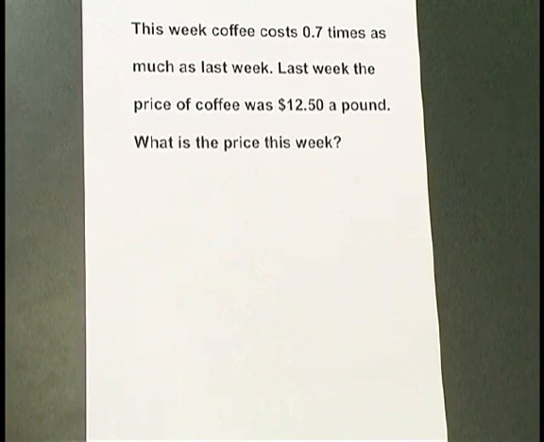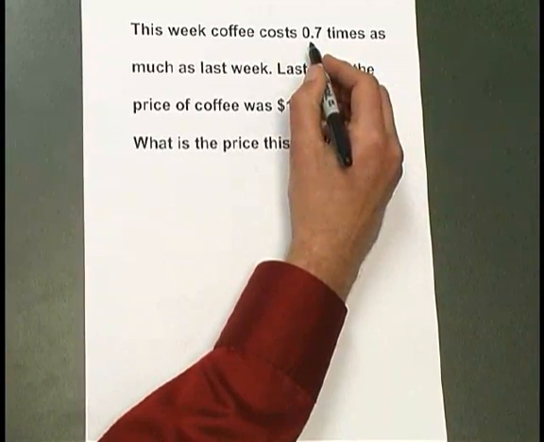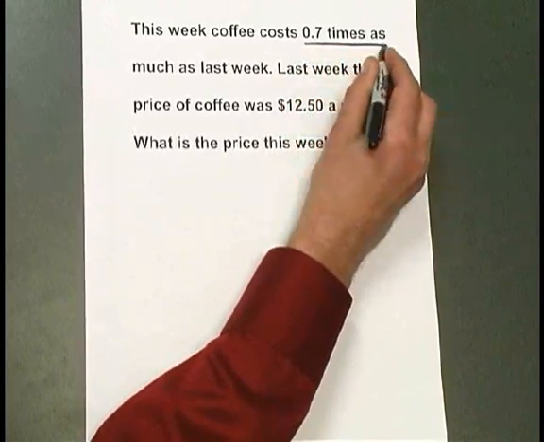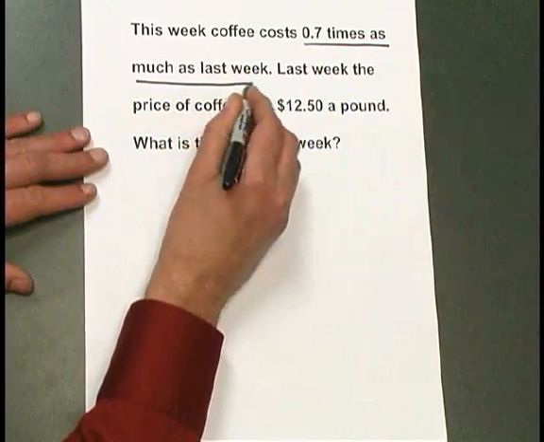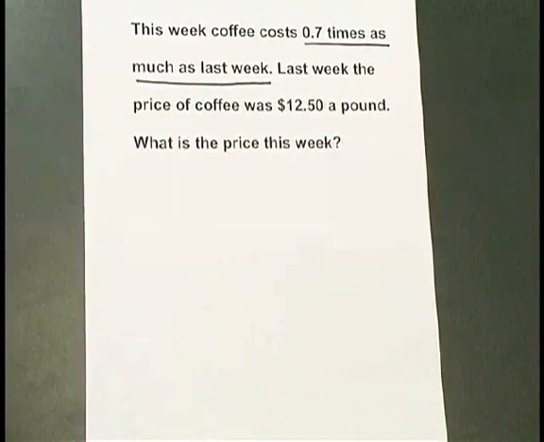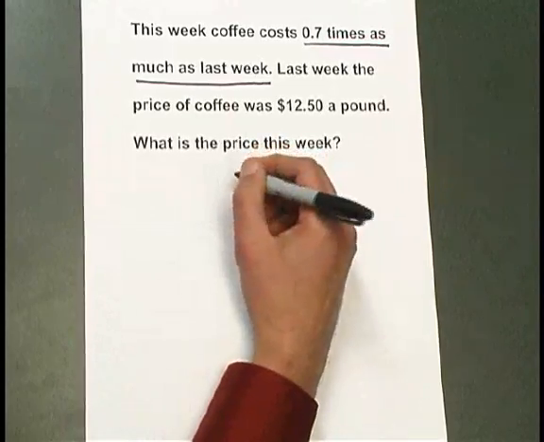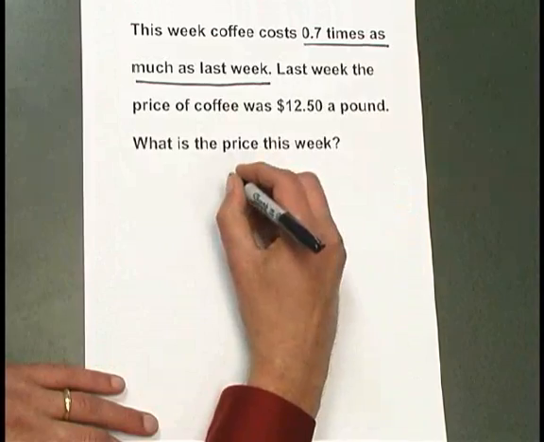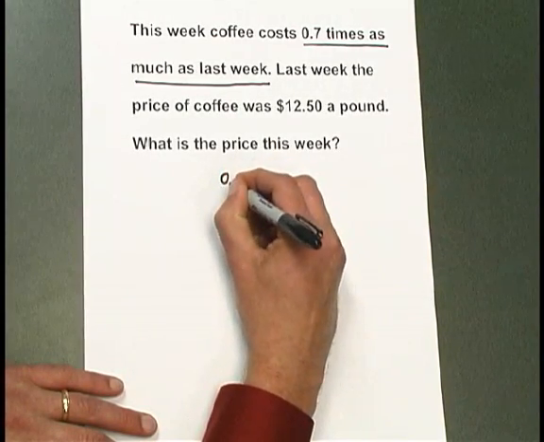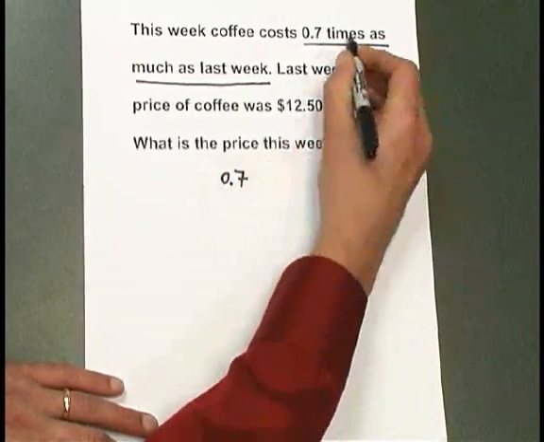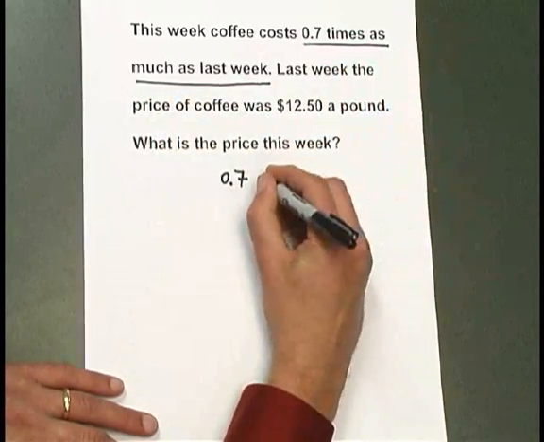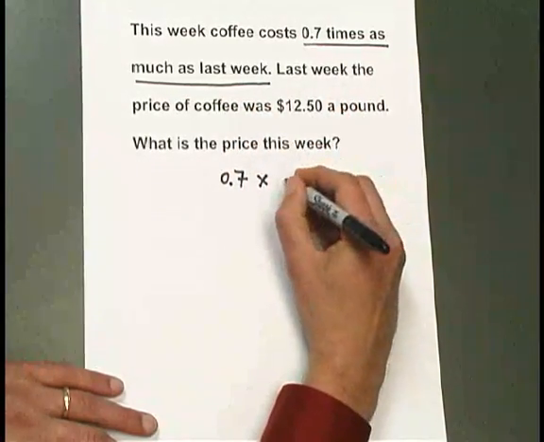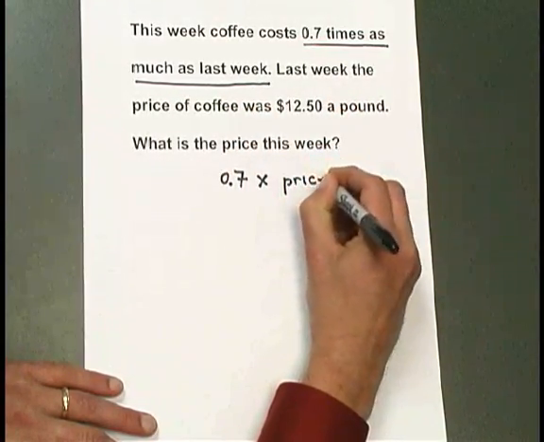The important sentence contains the decimal times a quantity. 0.7 times as much as last week helps me get started setting up an equation in words to solve this problem. 0.7, or 7/10, times as much as means times last week. That's the price last week.